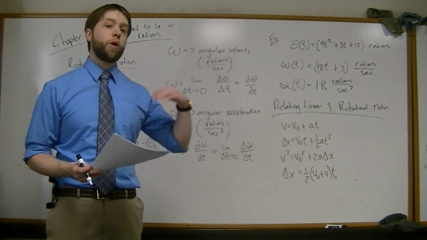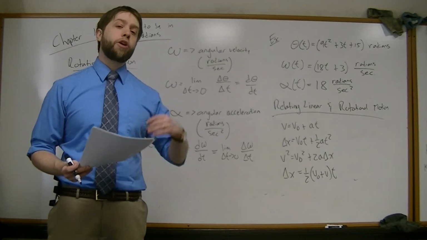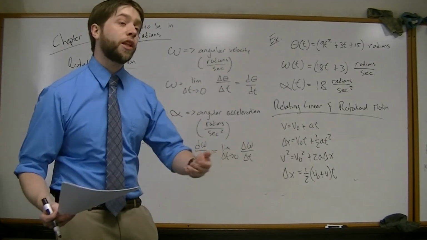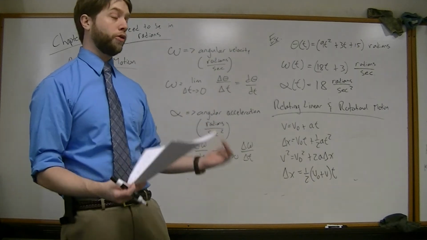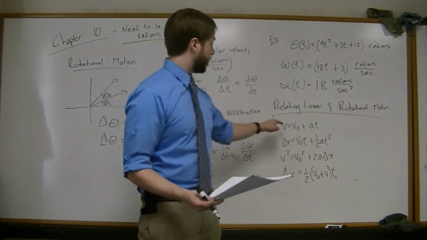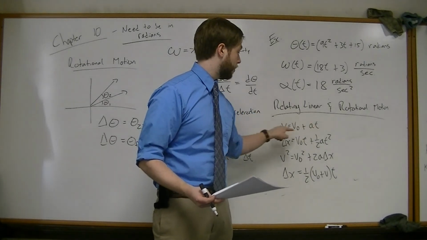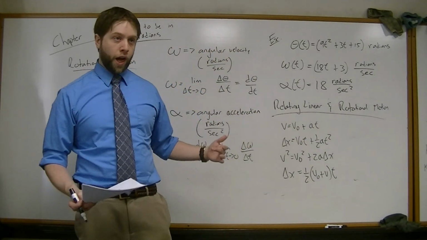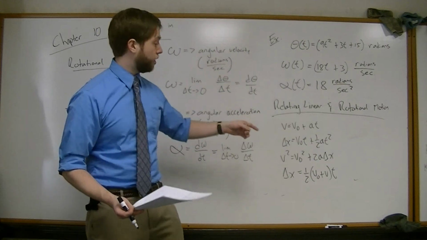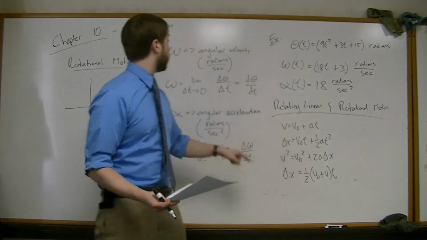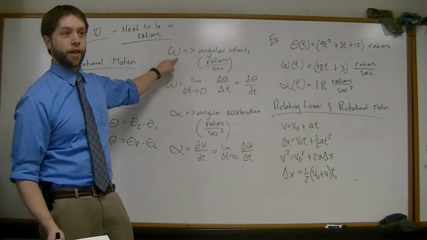Now we're going to go to the rotational versions. And we're going to make substitutions because now we're dealing with new variables related to the rotational motion. Okay? So here we have final velocity, initial velocity, acceleration, and time. We're not dealing with linear velocity, we're dealing with angular velocity. So wherever you see a v, you are going to replace it with an omega.